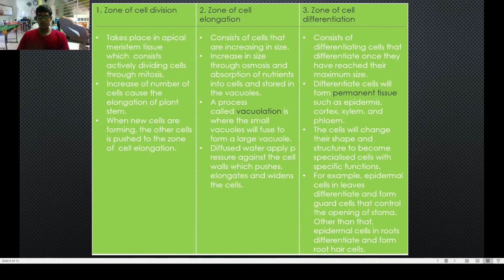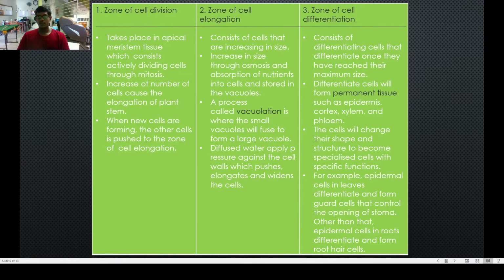Third, a process called vacuolization, where the small vacuoles fuse to form a large vacuole. Fourth, diffused water applies pressure against the cell walls, which pushes, elongates, and widens the cell.